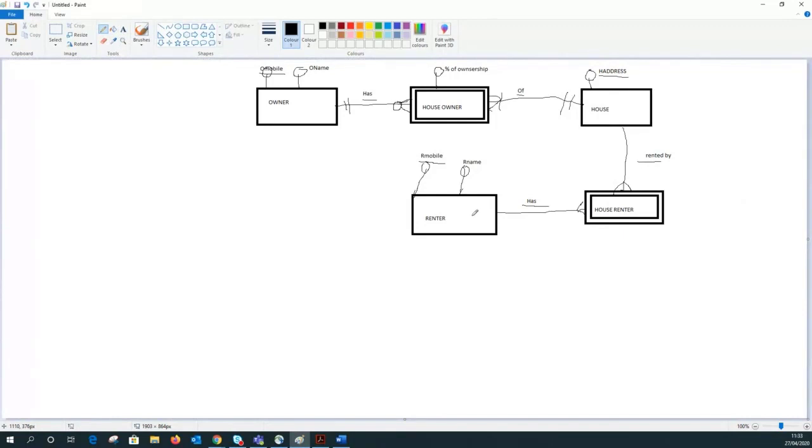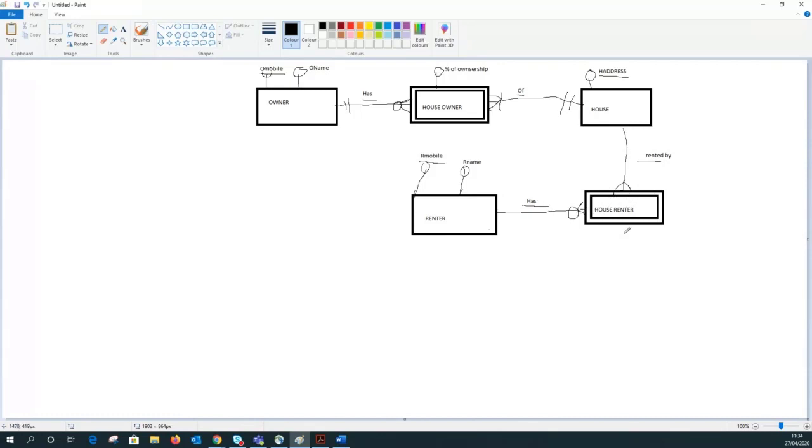So one renter can rent either zero houses or many houses, right? So zero or many, that means optional or many. There is no mandatory saying the renter must rent houses, there is no mandatory requirement like this.